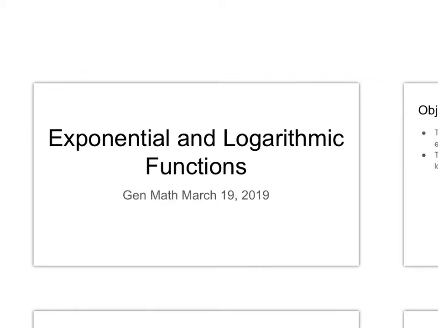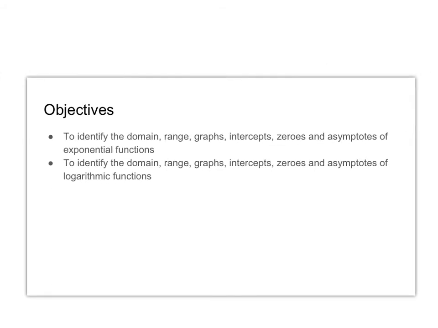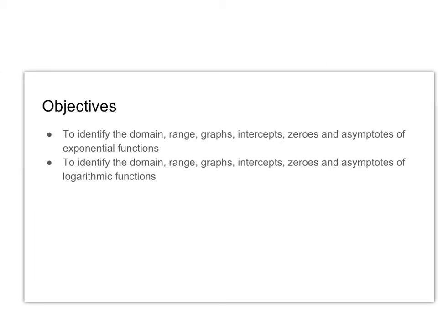So these two functions, exponential and logarithmic functions, we start by analyzing the graphs of these two functions in general. For this session, we need to know how to find the domain and the range.